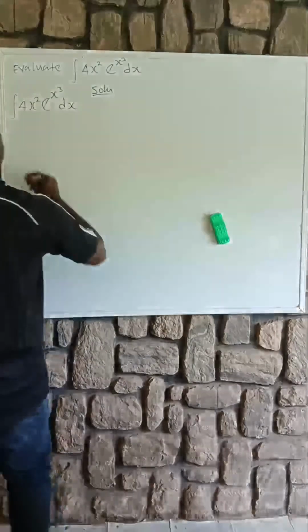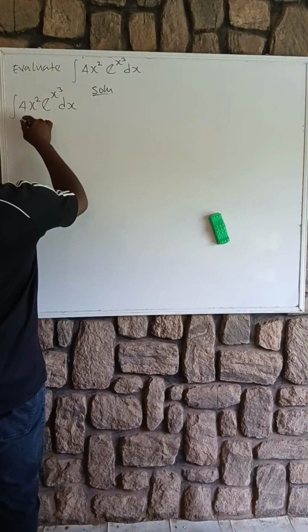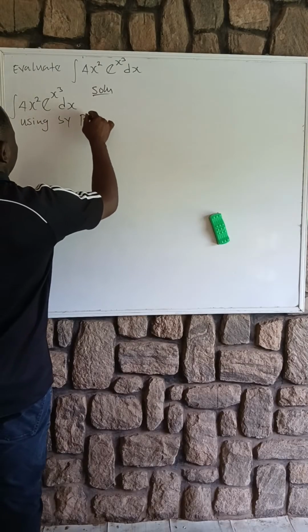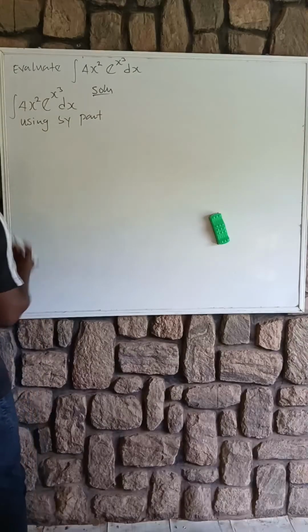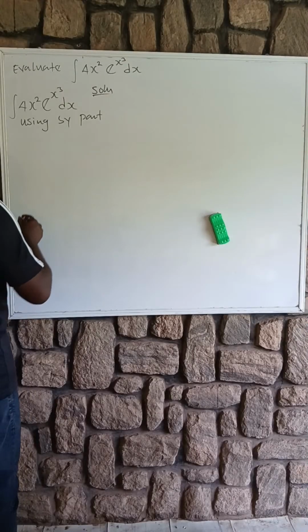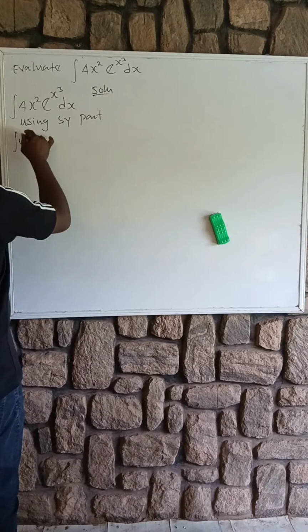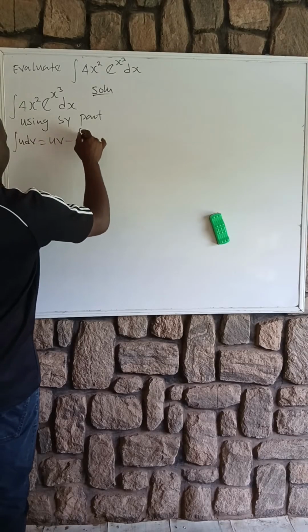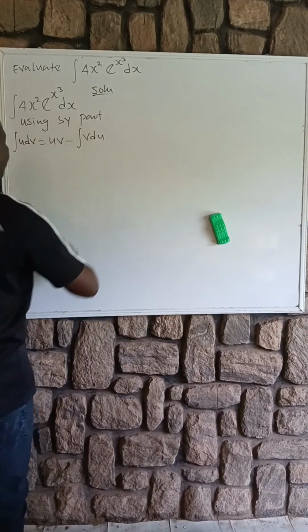So we write, using by parts, and the formula is integral u dv equals uv minus integral v du.